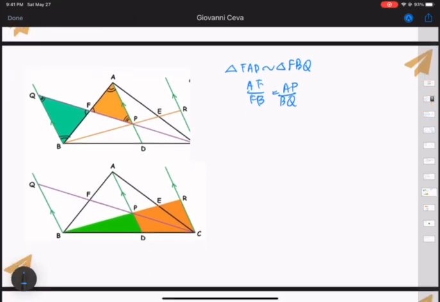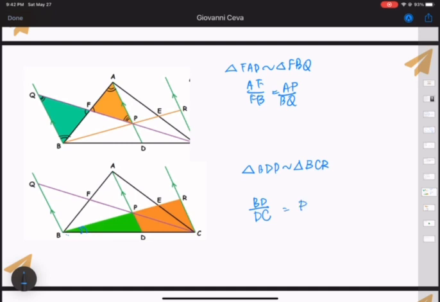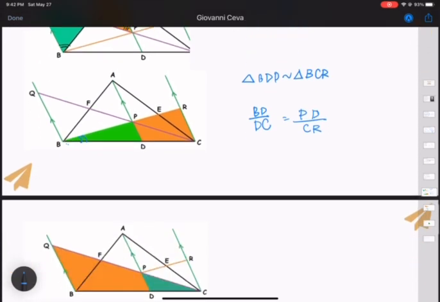Then on the second triangle, we have the same situation. Triangle BDP is similar to triangle BCR, so BD divided by DC equals PD divided by CR.